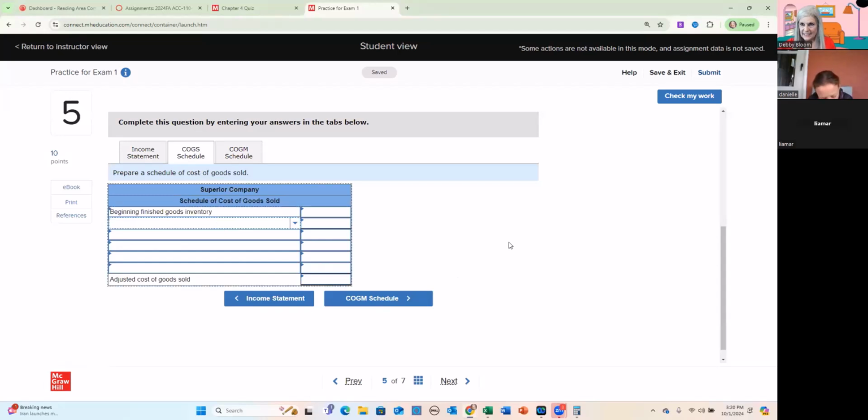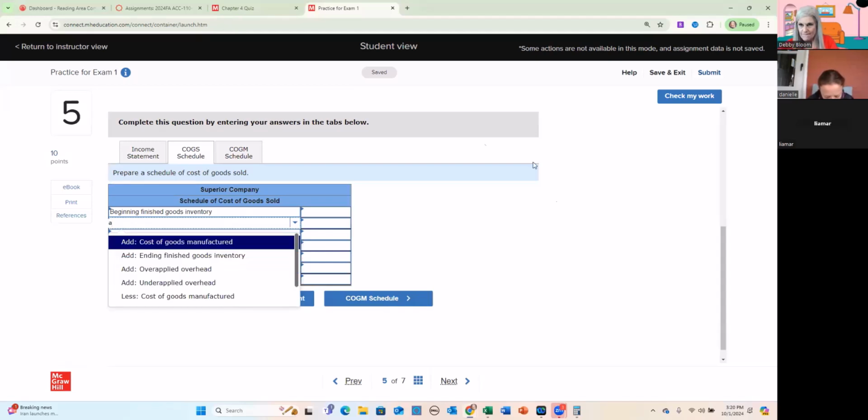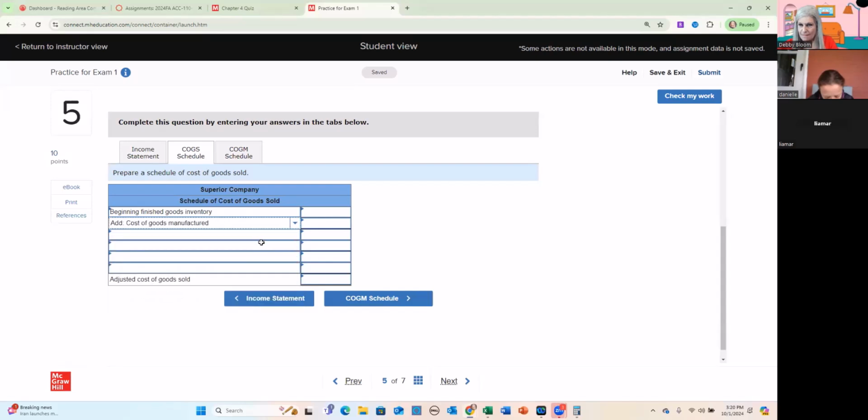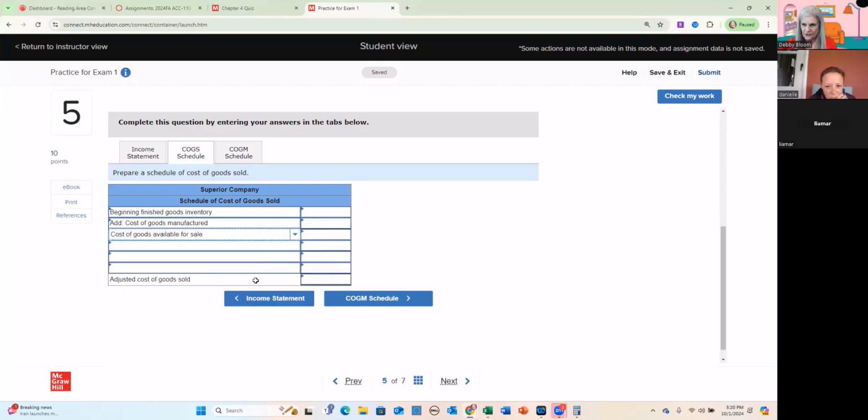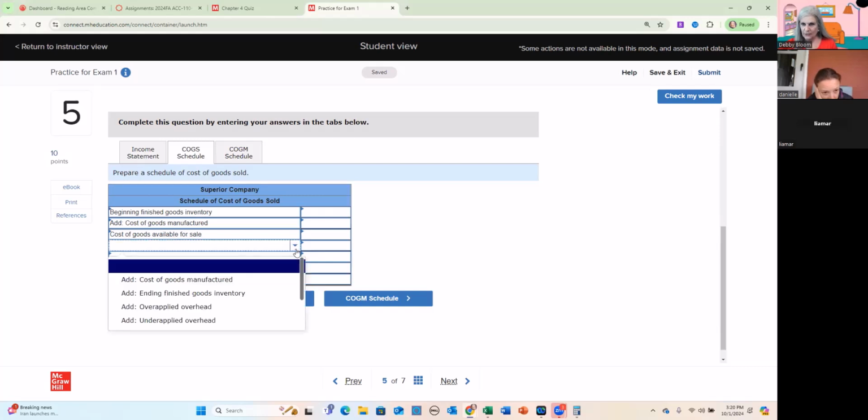To our beginning finished inventory, we're going to add the cost of goods manufactured. That is the cost of goods available for sale; I knew there was a subtotal in there. From the cost of goods available for sale, we subtract out the ending finished goods inventory.